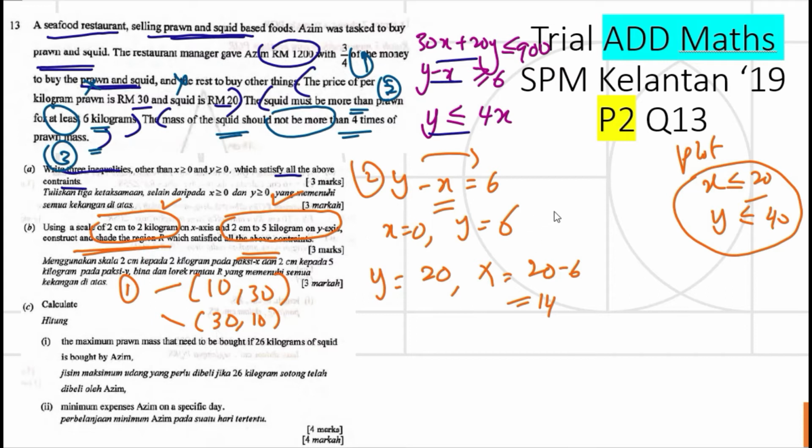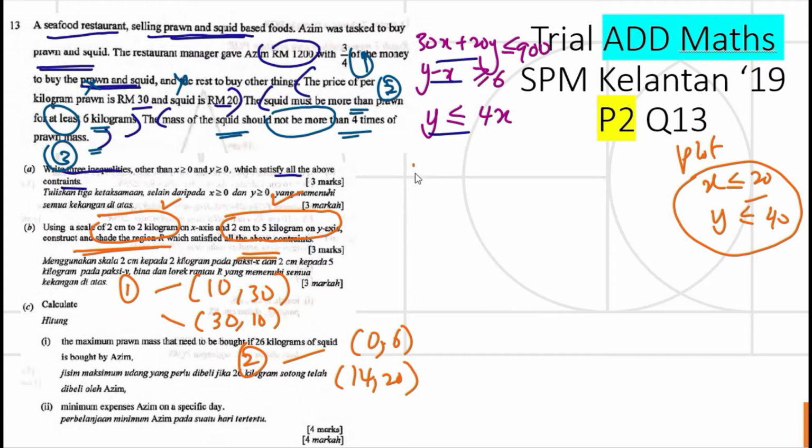Okay, now we have 0, 6 for x and y, and x is 14 and y is 20. So for the second line, we have 0, 6 and 14, 20.